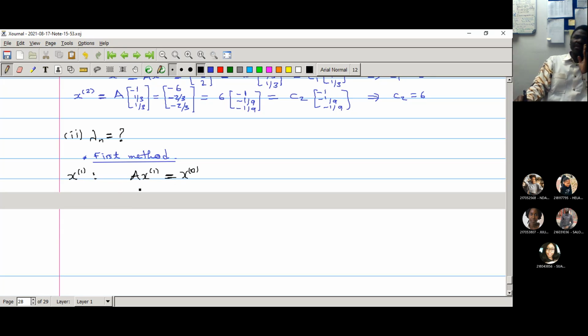Because remember, we are applying the power method to the inverse of A. So actually, to get x1, we apply A inverse to x0, because it's an inverse power method. So this is what we are supposed to write. But because we don't want to invert A, we write it this way and then we solve for x1. That is Gauss elimination, right?